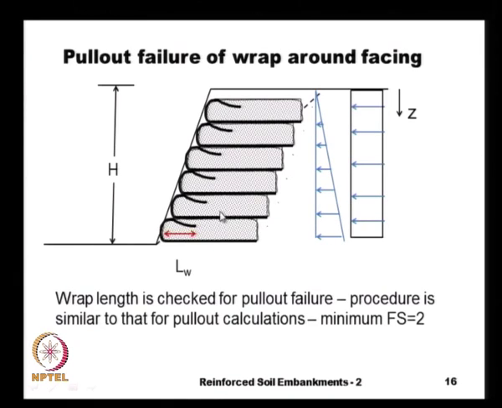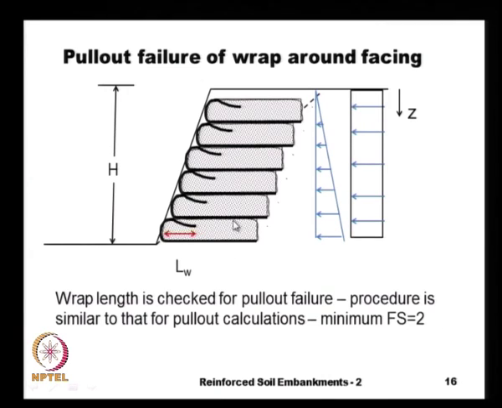And apart from this, the other failure that we have to consider is, when our face is made up of wraparound facing, especially with geogrid or geotextiles, we should check this length of wraparound to make sure that there is good anchorage. If that wraparound length is not sufficient, it will just get pushed out, and then we may have a face failure, and the minimum factor of safety that is required for this mode of failure is 2.